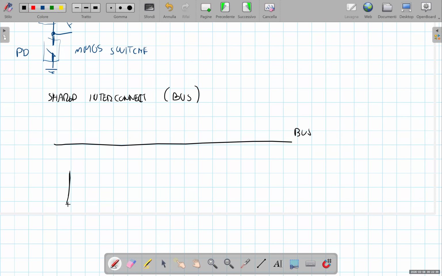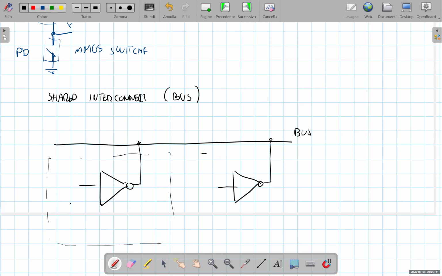Suppose that we have, for instance, two gates, one inverter here and another inverter here, and we want to use the same shared interconnect, the same bus, to carry the information related to two digital modules that are to be connected to the same bus.